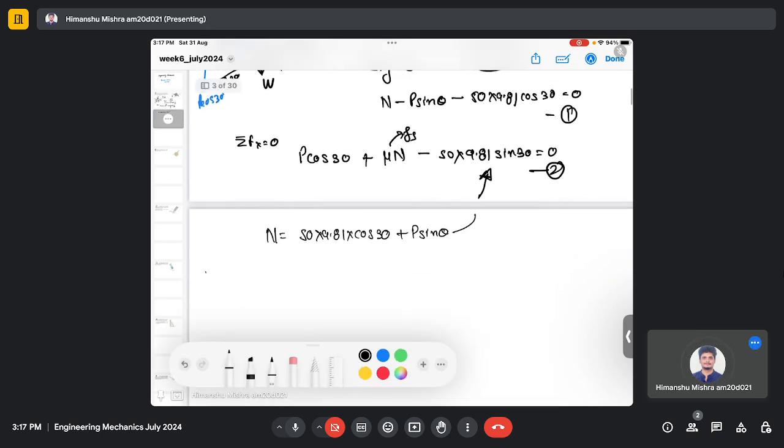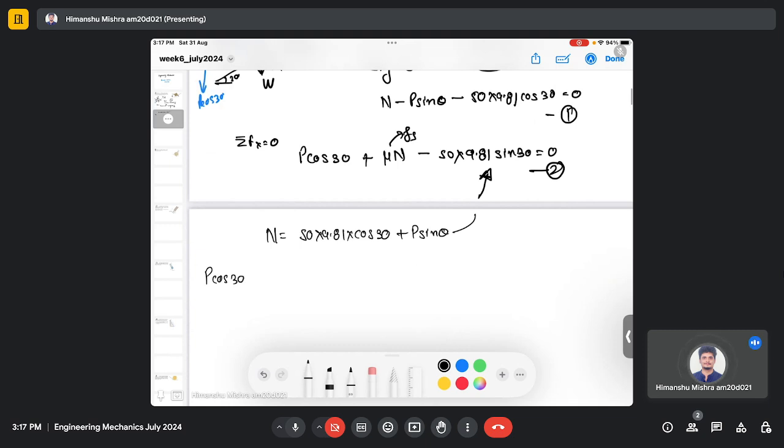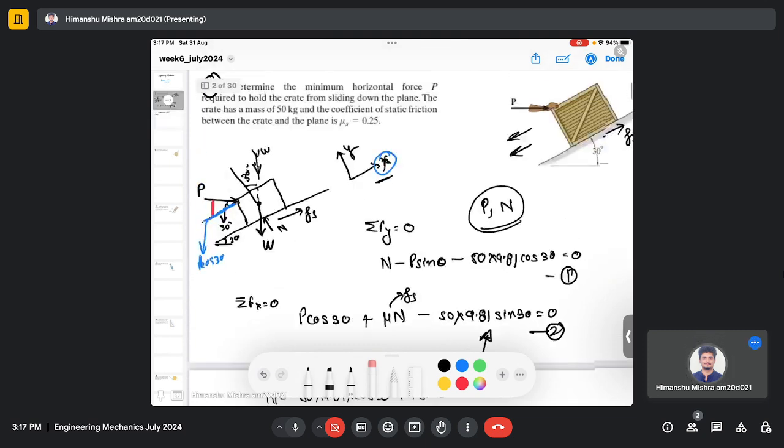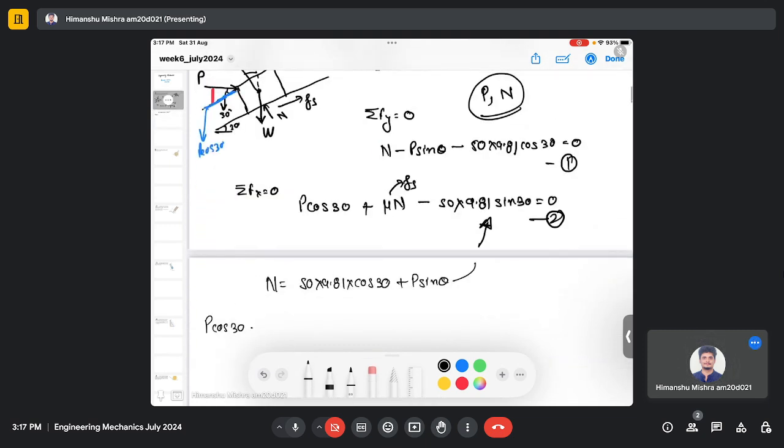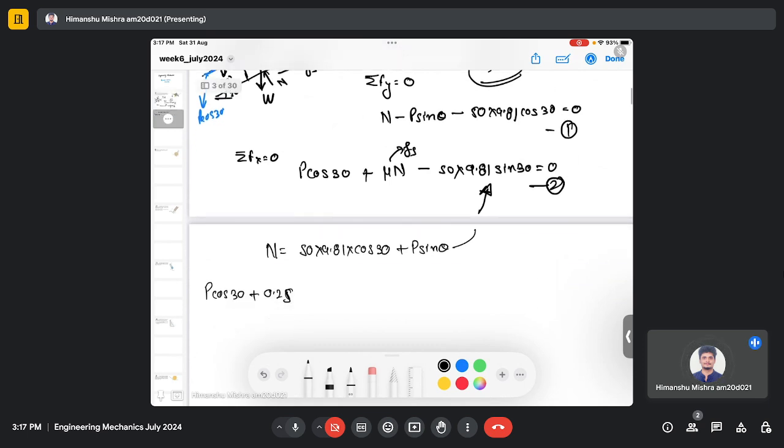So I will get P cos theta plus mu, which is 0.25, times N, which is this expression, 50 times 9.81 cos 30 plus P sine 30, minus 50 times 9.81 sine 30 equals 0.